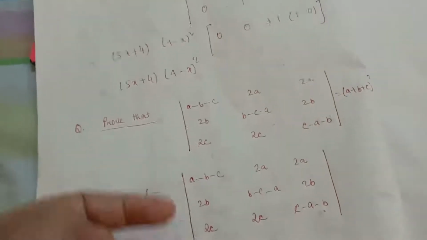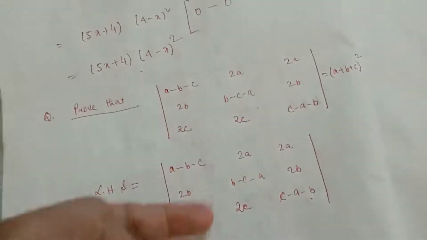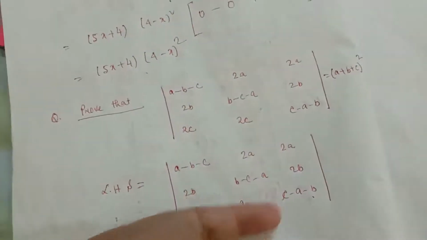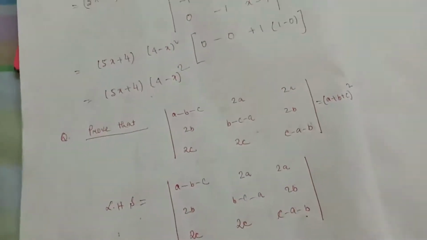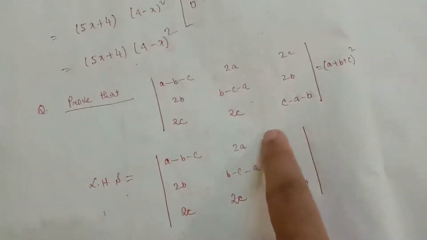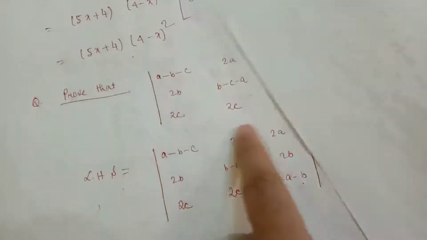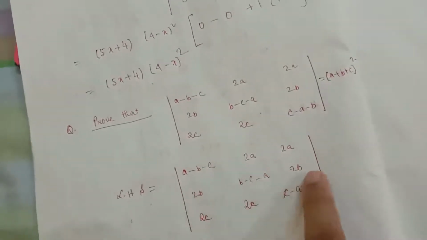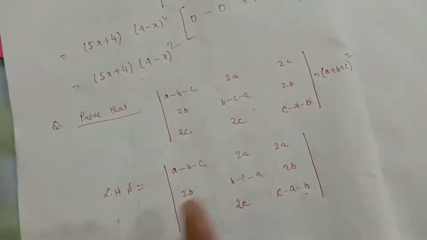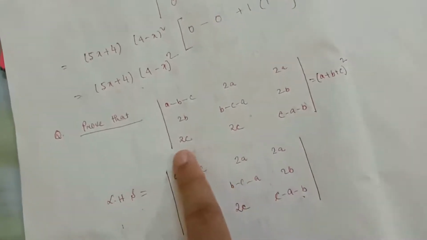When the total becomes the same, we add r1 plus r2 plus r3. If the total is not the same, then we add in this way to check whether the sum of these three are the same or not: this plus this plus this, and so on. If the sum is the same, then we do C1 plus C2 plus C3.